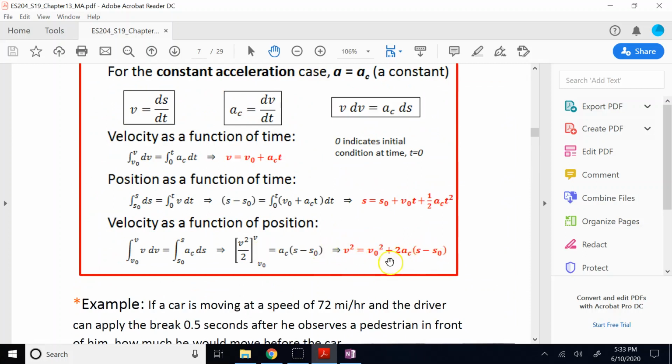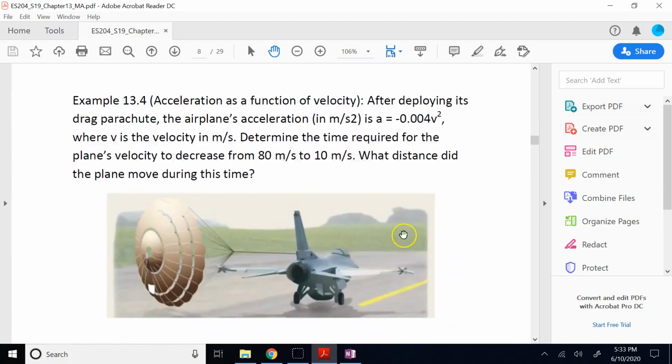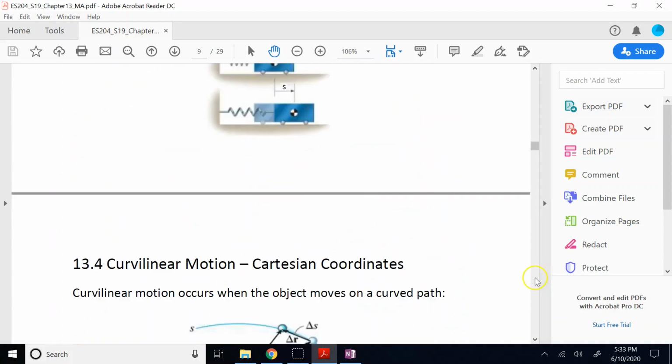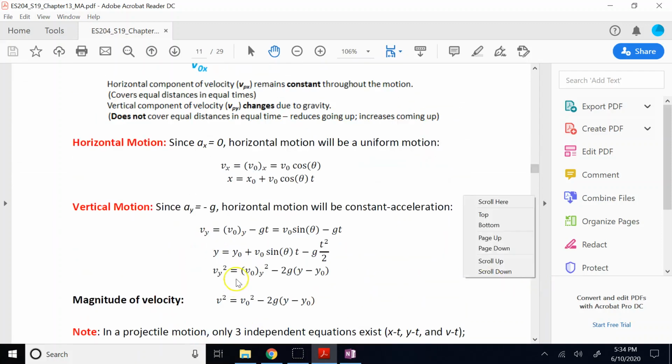If I write it for the x direction, since a of x is 0, it gives me that v of x squared is always v naught of x squared, but v of y squared is v naught y squared plus 2 times negative g times y minus y naught, which is actually this equation. So this fifth equation is the time-independent equation in the y direction.